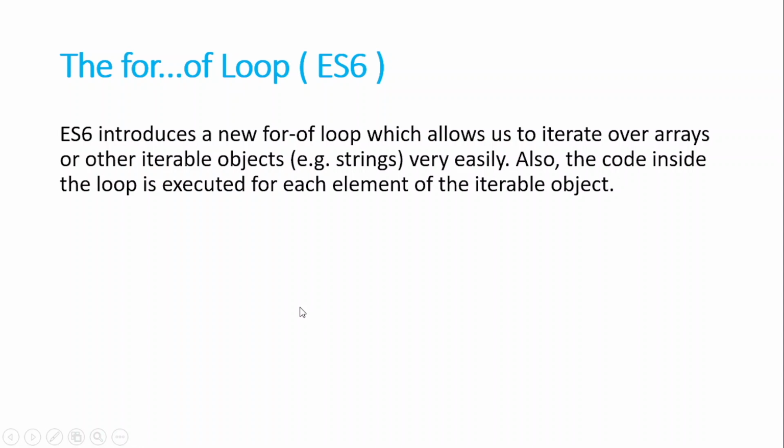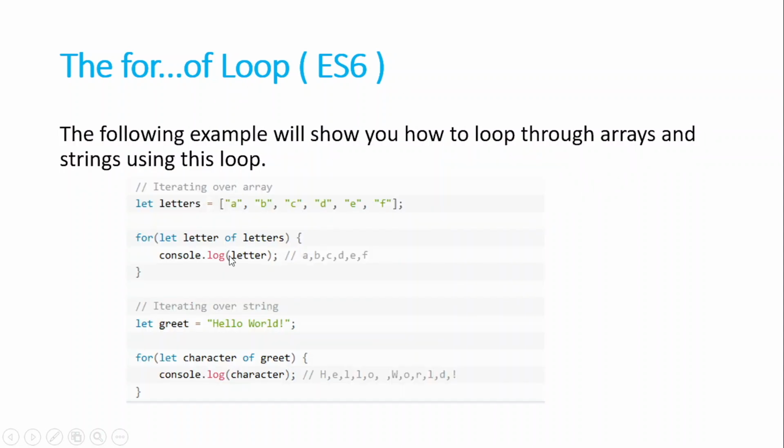Similarly, we also have the for of loop, which is an ES6 way to iterate over objects or arrays. The difference is that we use of, and this variable will be the direct element. Earlier it was giving you the index, but now it will give you the element directly.